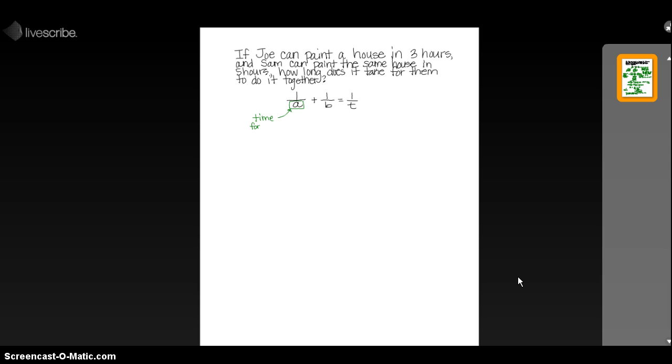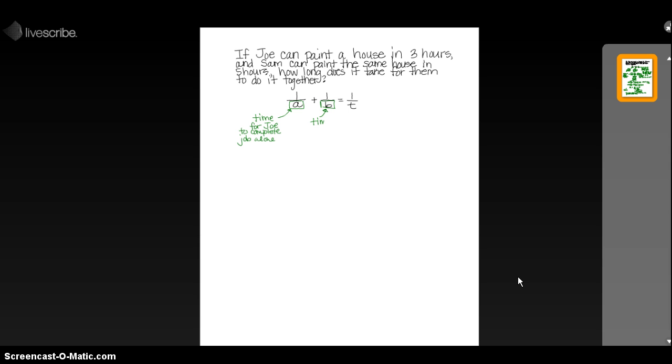We'll say time for Joe to complete the job alone. So if Joe is working by himself, A is going to be the time it takes him to paint the house. And then B is the time it takes for the other person.